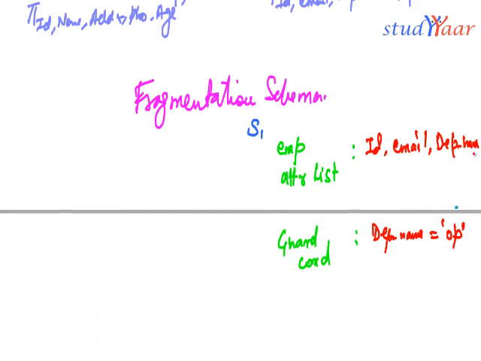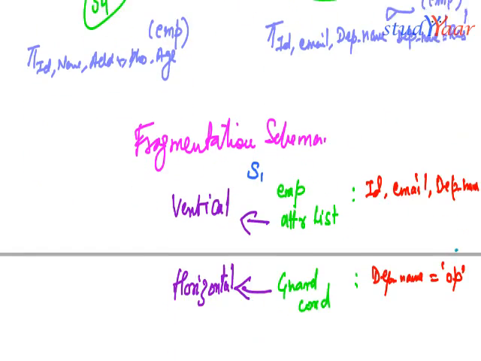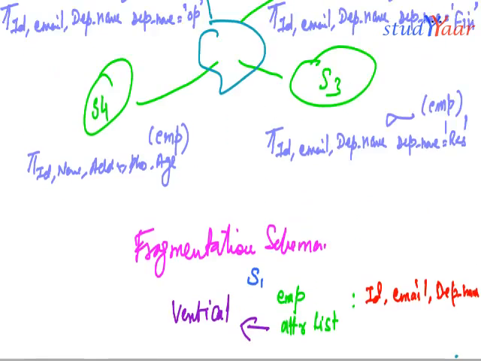So this is telling me about vertical fragmentation, right? The attributes that it contains, and this is telling me about horizontal fragmentation, that is the tuples that it contains. That is how a schema is constructed for a particular table.